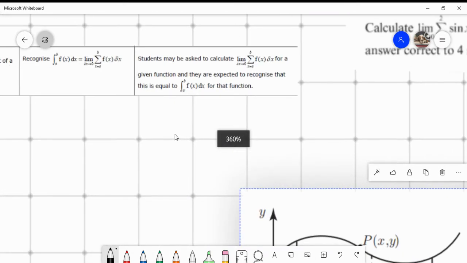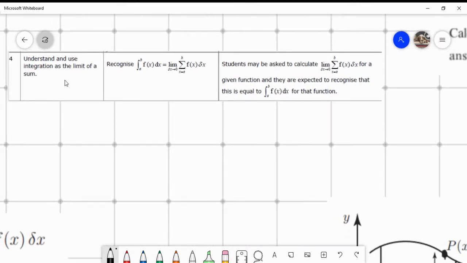The specification says that you need to understand and use integration as the limit of a sum. So you need to recognize that the integral between the two limits a and b of a function can be thought of as the sum of f of x, so your y's, multiplied by delta x, which is the width of each strip.